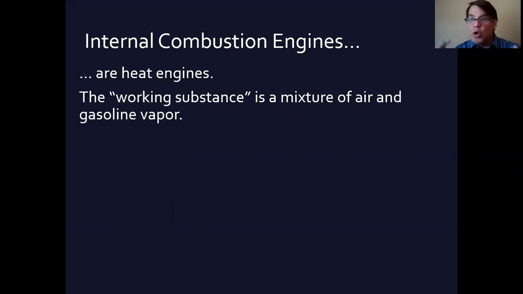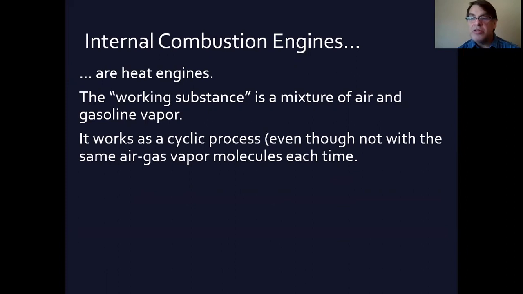A heat engine has a working substance, like water or something like that. The working substance for your typical internal combustion engine is a mixture of air and gasoline vapor. So it uses that substance as the vehicle of heat that converts the heat into the work that makes your wheels turn and you go places. We can consider this a cyclic process.